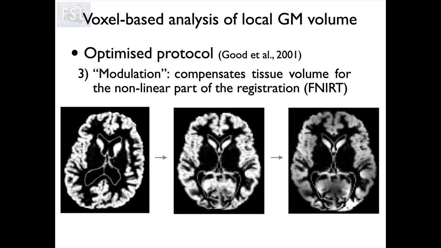That's going to take this image you can see in the middle here and turn it into what you can see on the right-hand side, where there's quite a variation in the grayscale. So some parts of the grey matter end up darker than other parts. That's deliberate because it's going to tell us about what was present in the original image prior to it getting transformed by the nonlinear registration.